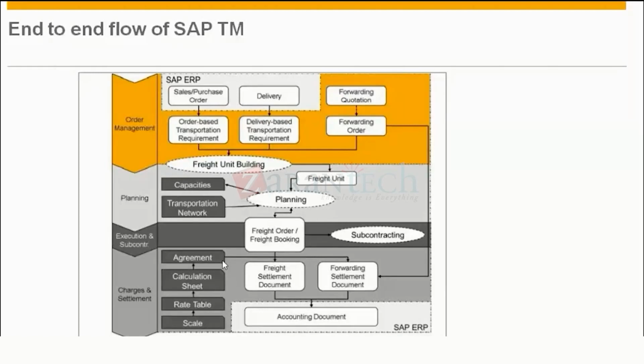And this freight order and freight booking is also called an execution document. Why is it called an execution document? Because your actual or physical execution will begin once your freight order and freight booking is created. It is also called a subcontracting document because this particular freight order and freight booking needs to have a carrier assigned.